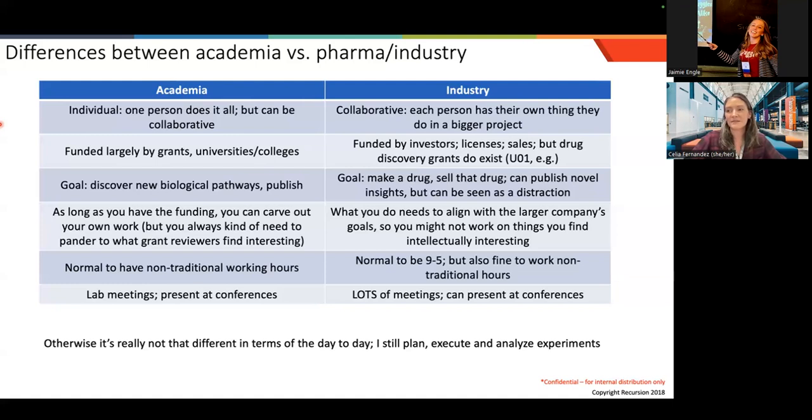It's possible we could fail too early, if it's too difficult and Recursion doesn't want to allocate the resources to it anymore.